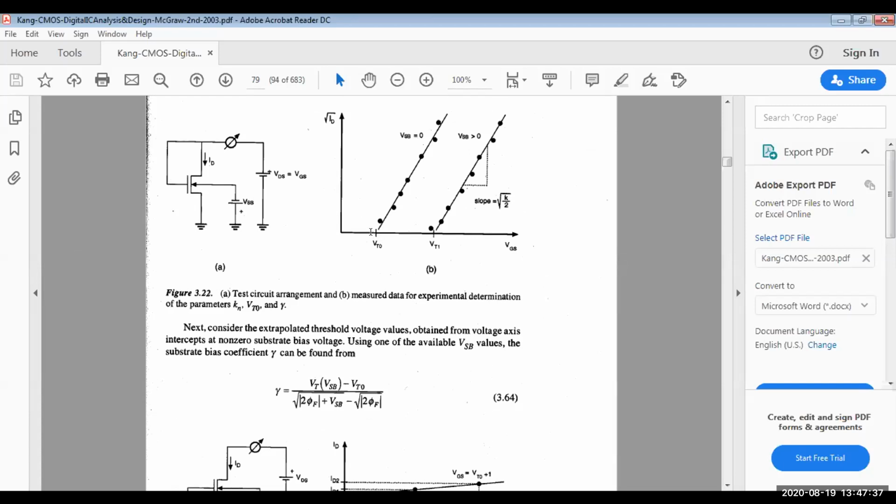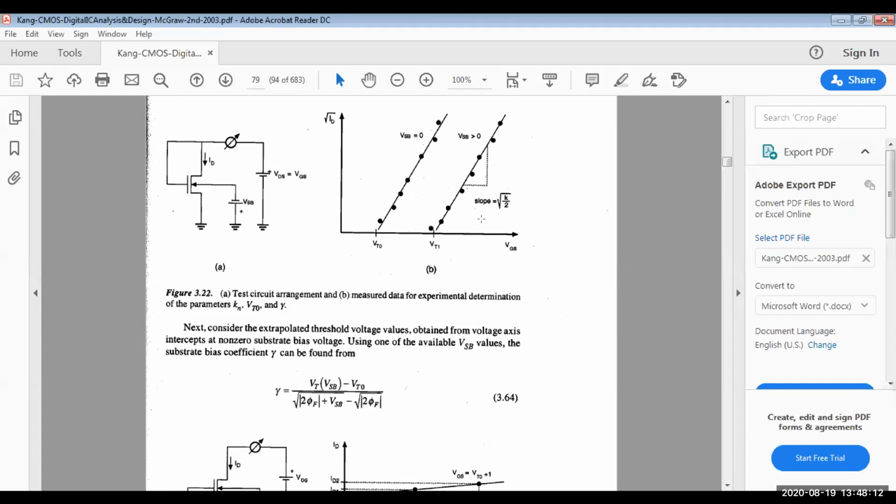From this, what parameters did we get? We got VT0, we got Kn, and now we will get gamma. How will we get gamma? When we provide body effect, for example VSB equals 1 volt, let it be. So gamma will be, from the threshold voltage equation as you have seen during the body effect, VT at VSB, meaning the threshold voltage during the body effect.